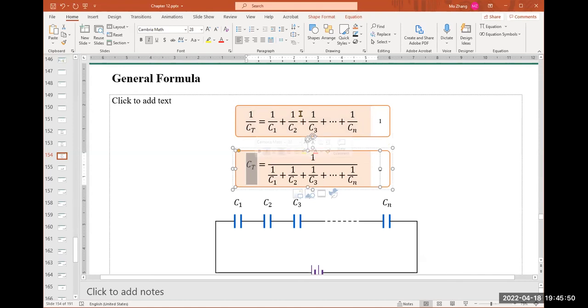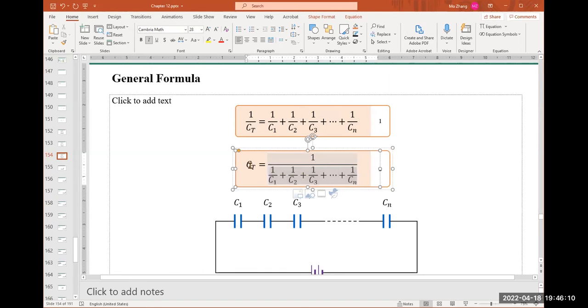The right-hand side, we also take the reciprocal, so it's 1 over the whole thing together, 1 divided by all of them.